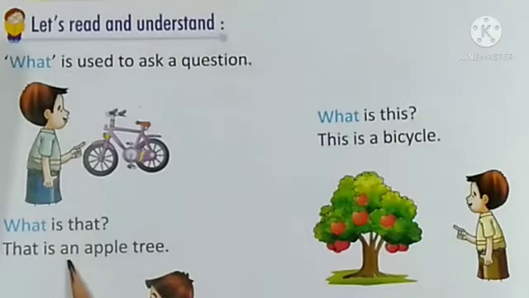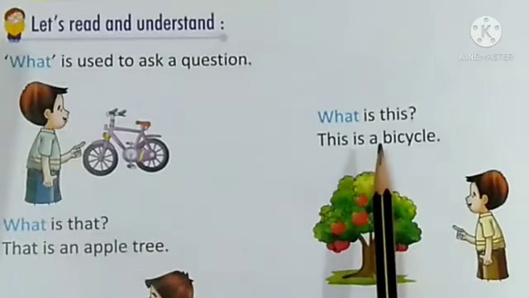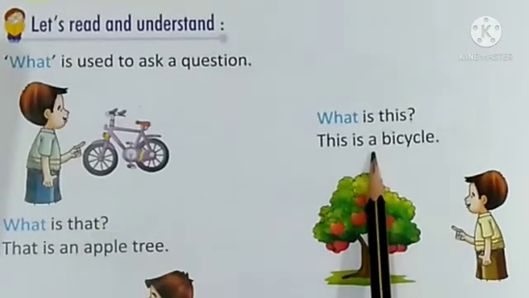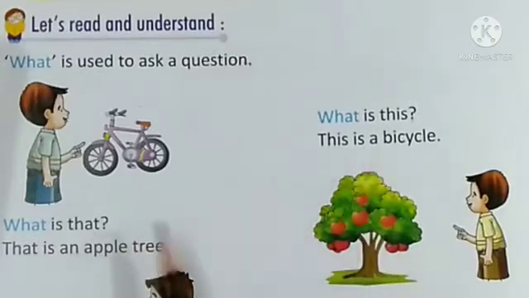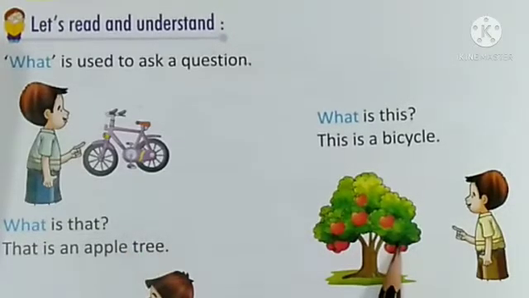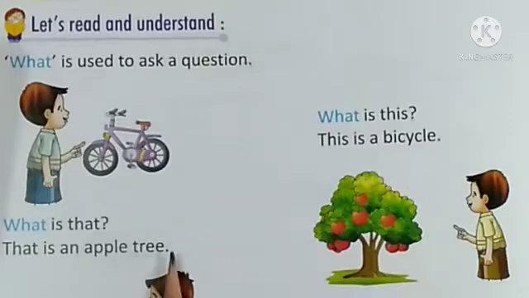Before a vowel, we use an, and before a consonant, we use a. Okay? Now, this apple tree is far from the boy. That's why he is asking, what is that? That is an apple tree.